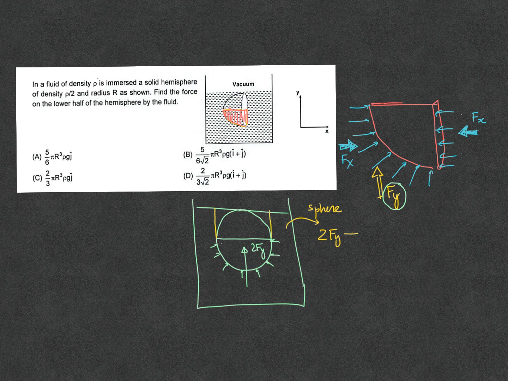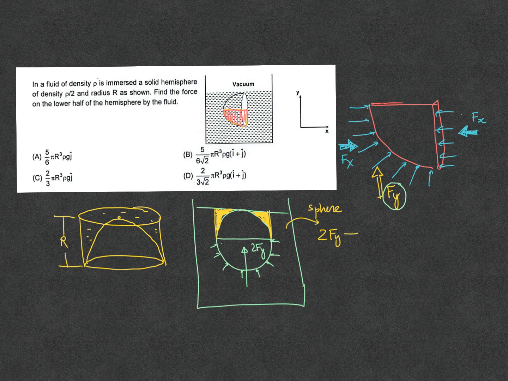The force on the top surface of the sphere is actually the weight of the liquid, the weight of the water on top of the sphere, right? So if you see the top surface, I am drawing the top surface like this. The volume of water on the top surface is equal to, this is a cylinder, height r, radius r.